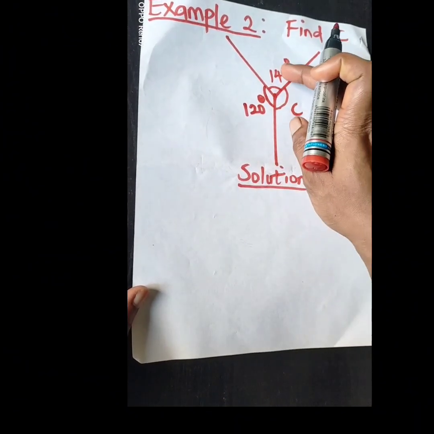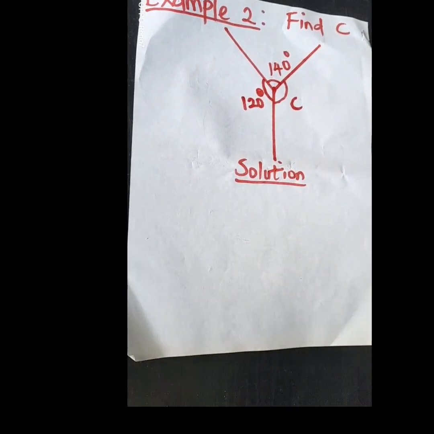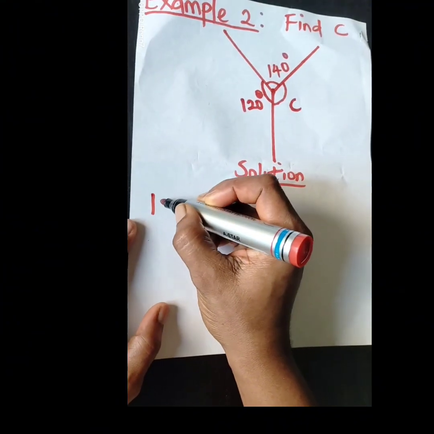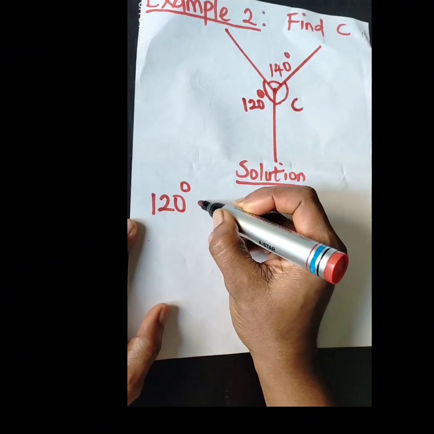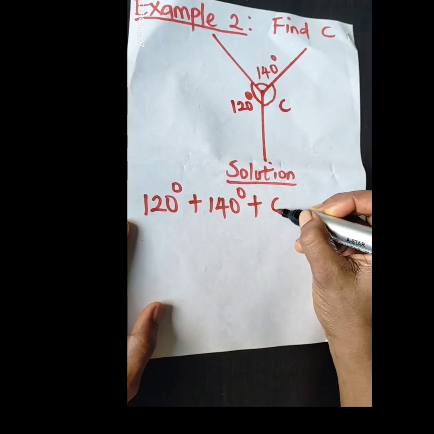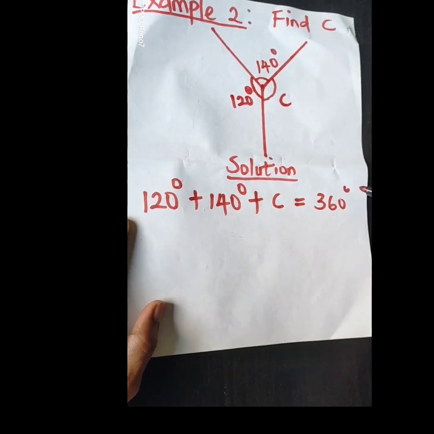So when we add all these angles together, we equate it to 360 degrees. Then we have 120 degrees plus 140 degrees plus C is equal to 360 degrees.